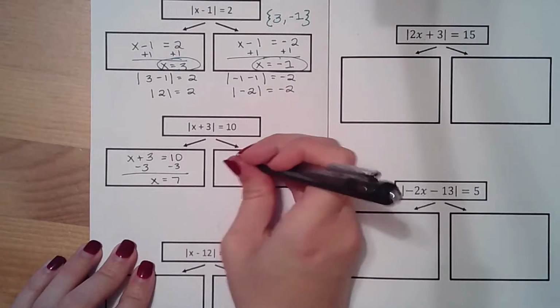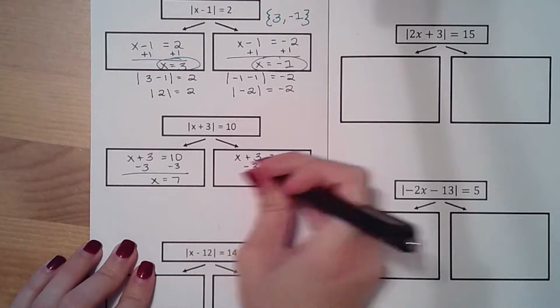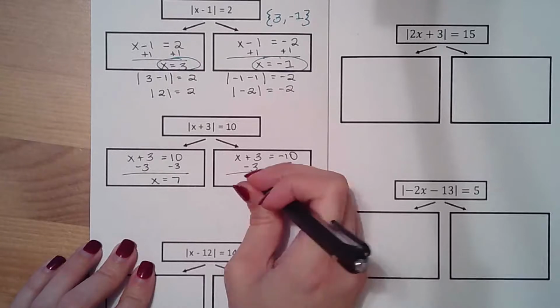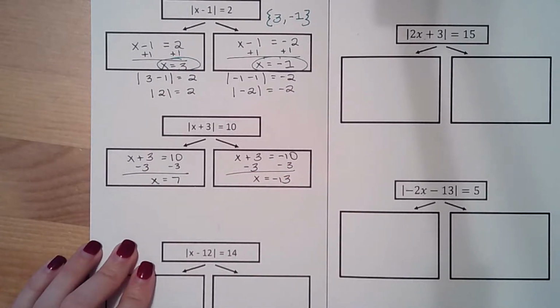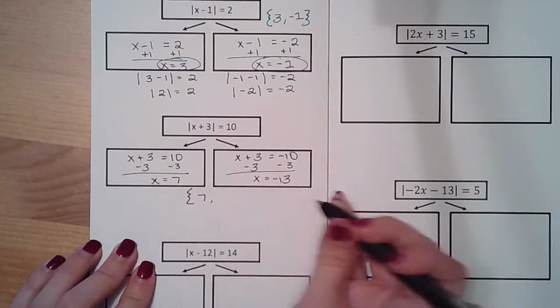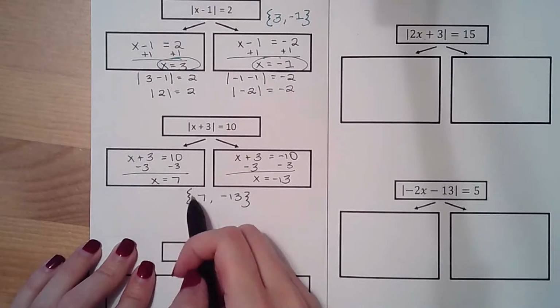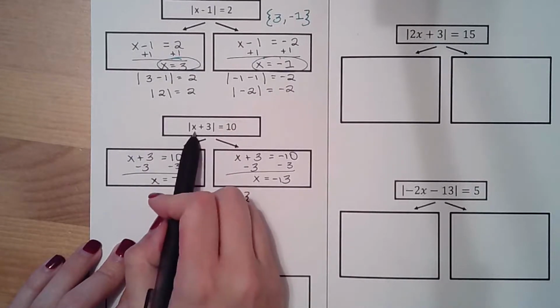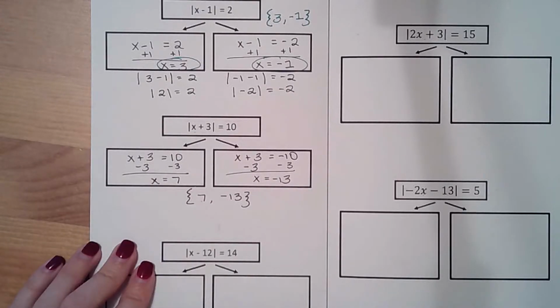If that stuff is equal to negative 10, same algebra step. I subtract 3 on both sides. Then x is equal to negative 13. So my two possible answers here in squiggly brackets are 7 or negative 13. And if you plug either of these answers back into the original problem, you will end up with 10.